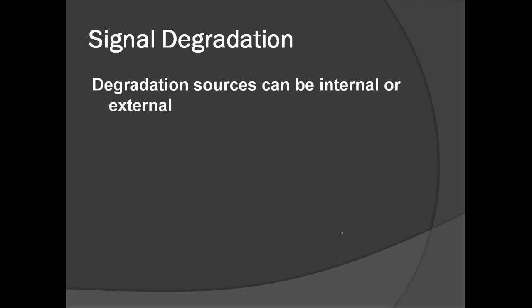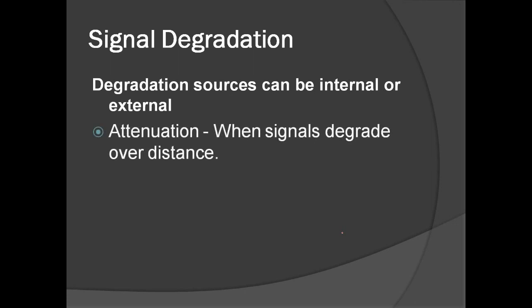So one of the signal degradations is what we call attenuation. From the definition, it's when signal degrades over distance. Meaning to say, the longer the cable is, there may be the possibility of losing the signal.